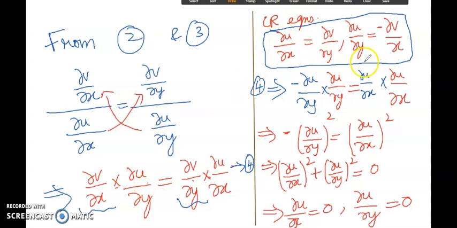Now we take the CR equations: instead of ∂v/∂x we apply minus ∂u/∂y, and for ∂v/∂y we apply ∂u/∂x. We get (∂u/∂x)² and (∂u/∂y)². Taking this to the other side, minus becomes plus, so (∂u/∂x)² plus (∂u/∂y)² is equal to 0.